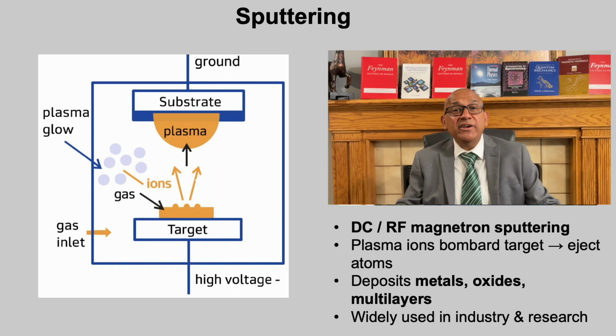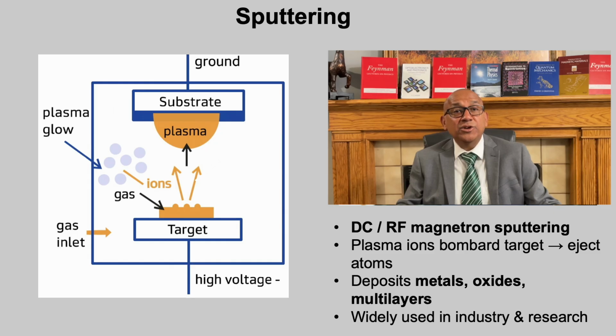Another major PVD technique is sputtering, which uses a plasma to bombard a solid target with energetic ions. These ions eject atoms from the target, which then travel through vacuum and deposit onto a substrate, forming a thin film. There are several modes of sputtering.